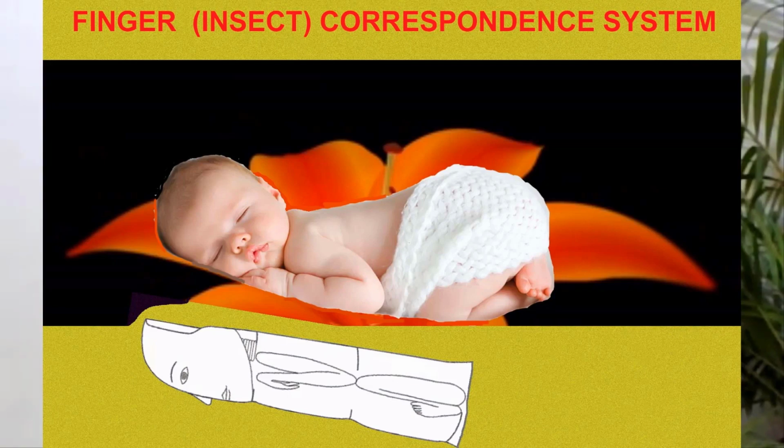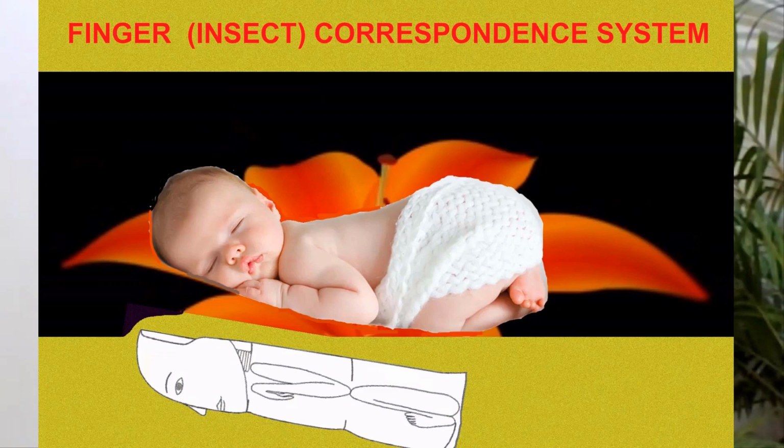This is how it has to be understood on the finger. And when you see the elbow joint and the knee, the elbow is on top and the knee is down.